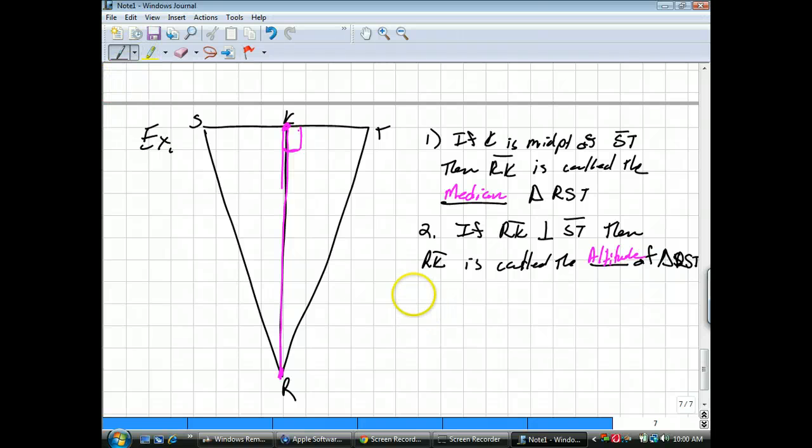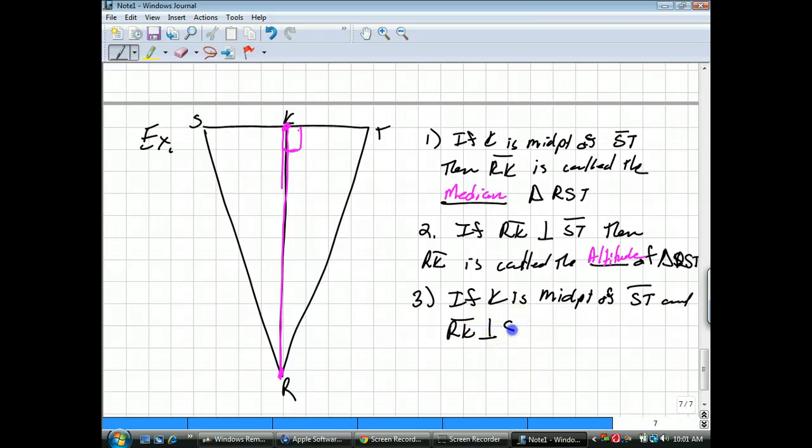Okay? Number 3. If K is the midpoint of segment ST and RK is perpendicular to segment ST, then segment RK is called a what of segment ST?